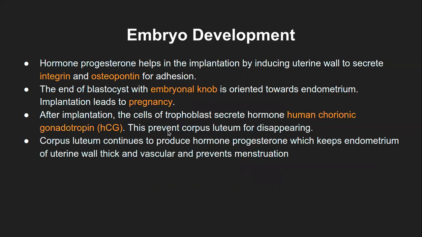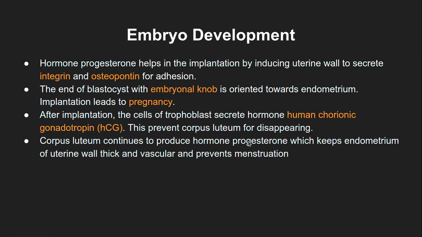So the moment HCG is secreted continuously, it will also maintain the corpus luteum structure throughout the pregnancy period. Now the corpus luteum continues to produce the hormone progesterone because it is kept intact by this HCG, which keeps the endometrium of the uterine wall thick and vascular and prevents the menstruation.